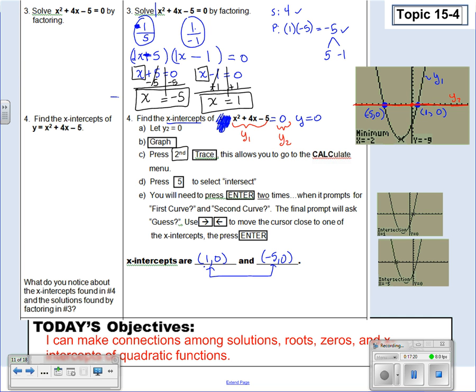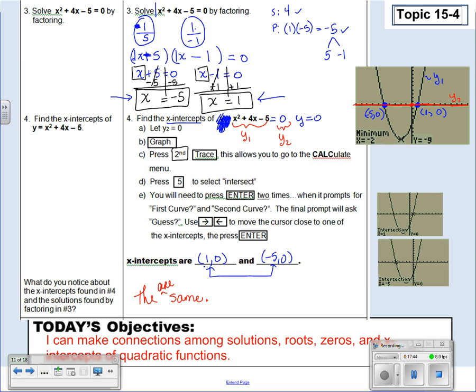So if I look at my solutions in number 3, well, I had a solution of x equals -5 and x equals 1, and I look at my x-intercepts and realize, hey, they have those same x values. One is -5, one is a +1. So they are the same. They are the same.